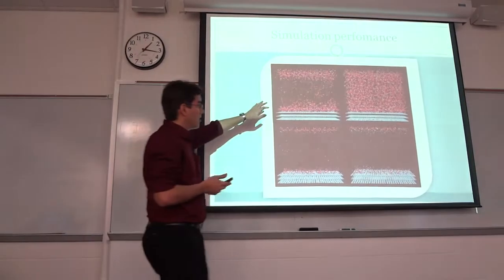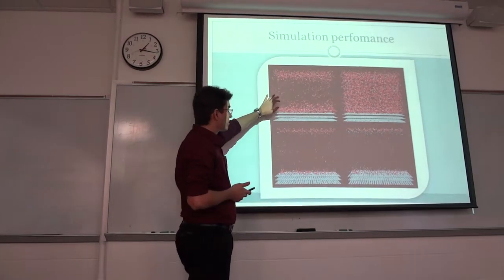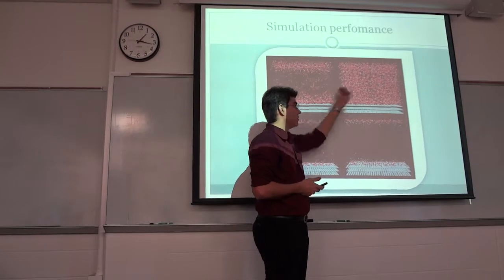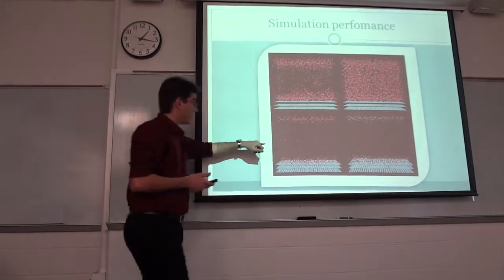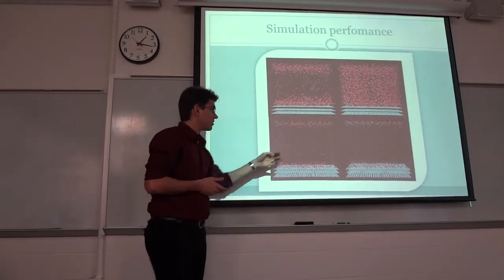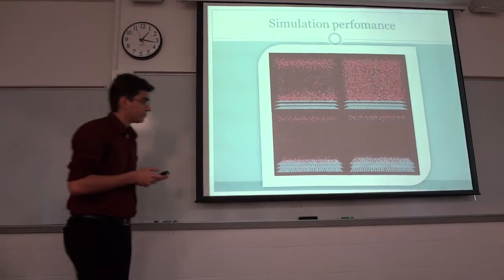Here we have CO2 at 22 bars, which is a gas, and here we have CO2 at 30 bars, which is a liquid. And here we have CO at 18 bars, and here methane at 18 bars too.